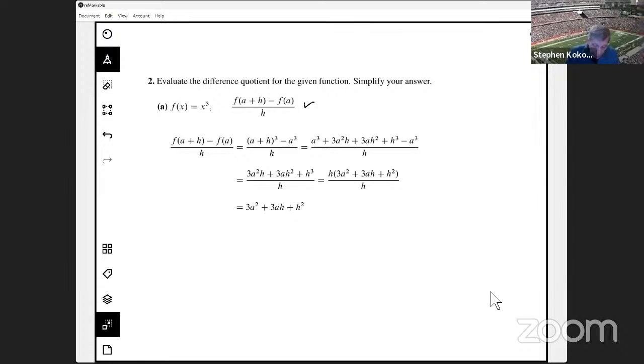Now, it's not very mathematical, but when I start out with the difference quotient, I frequently tell my students, what do you mean by simplifying? Well, what I'd really like to do is to somehow get rid of that h in the denominator. That lonely h in the denominator, which is tied to, as h goes to 0, I want to somehow get rid of that 0 in the denominator, that h in the denominator.